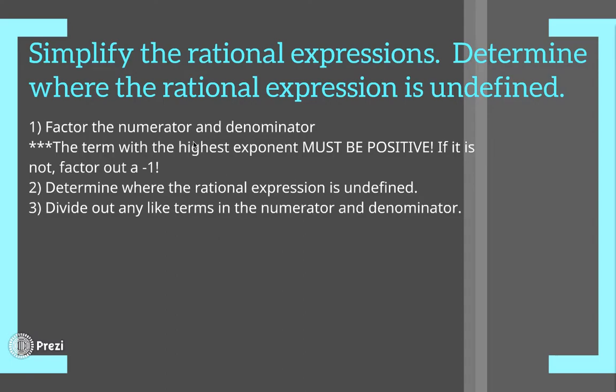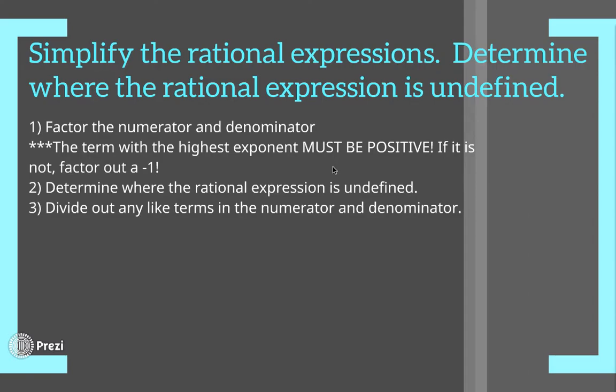The most prevalent factoring you'll see is general factoring, so our slide and divide, or difference of two squares. Now something important: the term with the highest exponent must be positive. We do not like our leading coefficient to be negative. It just messes up how the problem looks.